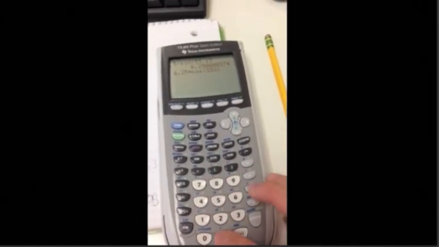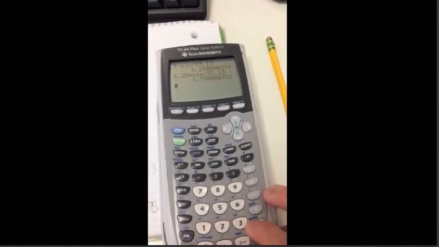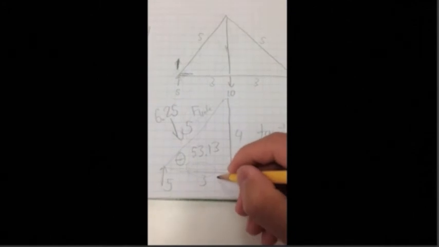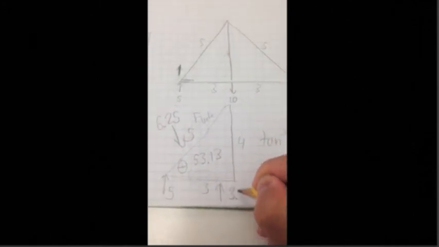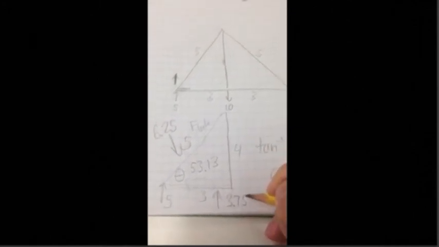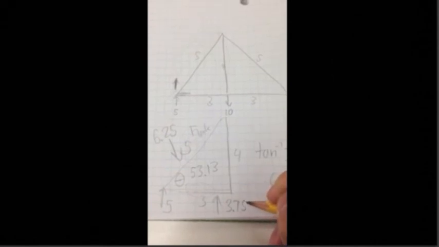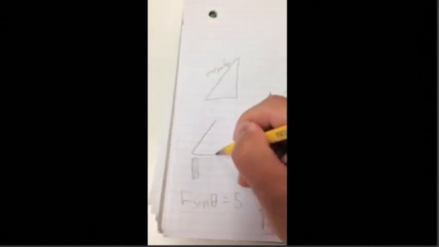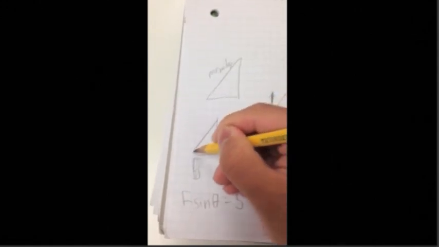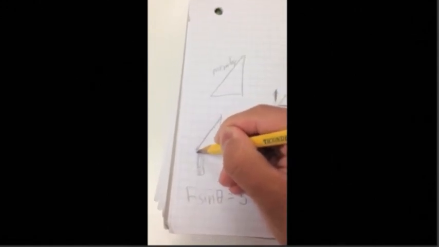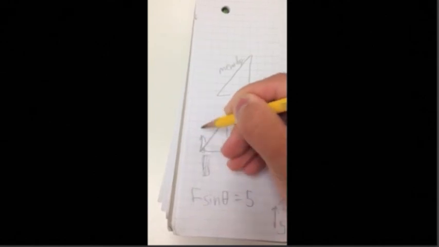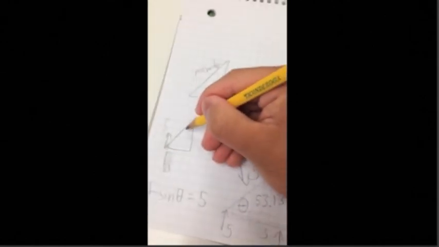And since the external force on this point is 5 newtons up, and the force within this joint is 6.25, and the force right here is going to be 3.75, then the y component of this member is going to be downwards.